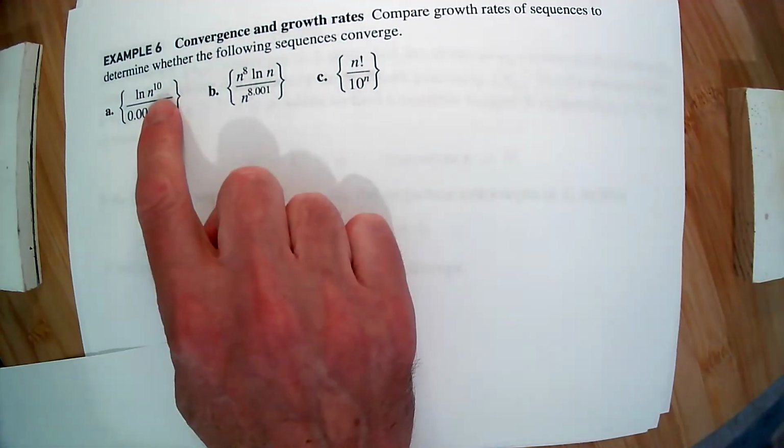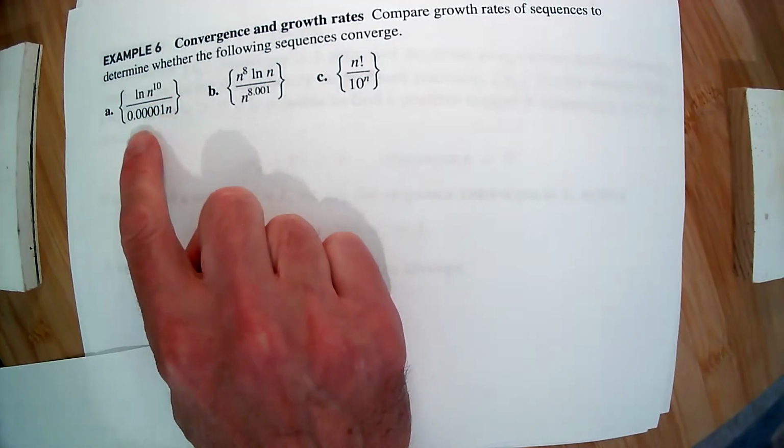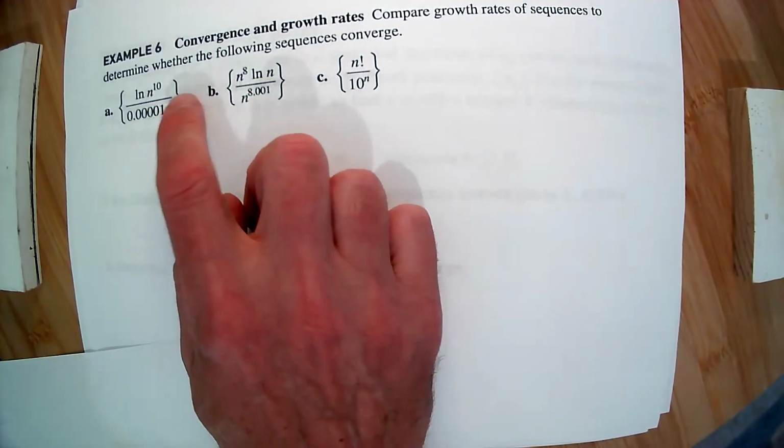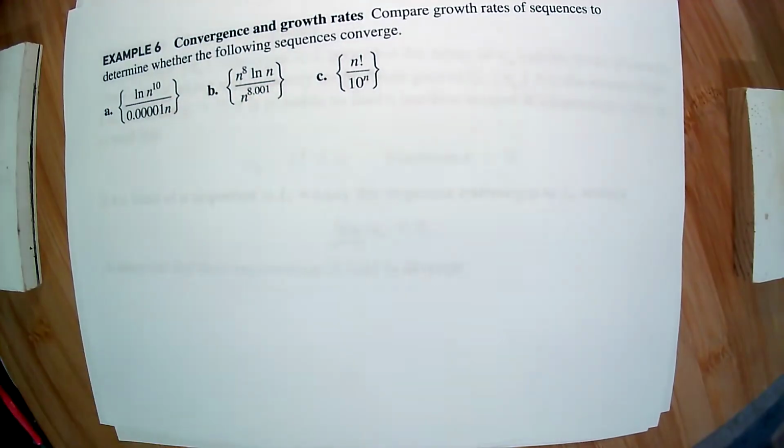So, natural log of n to the 10th divided by 0.00001 times n. What happens there? Technically, top and bottom both go to infinity. But here's what I know.